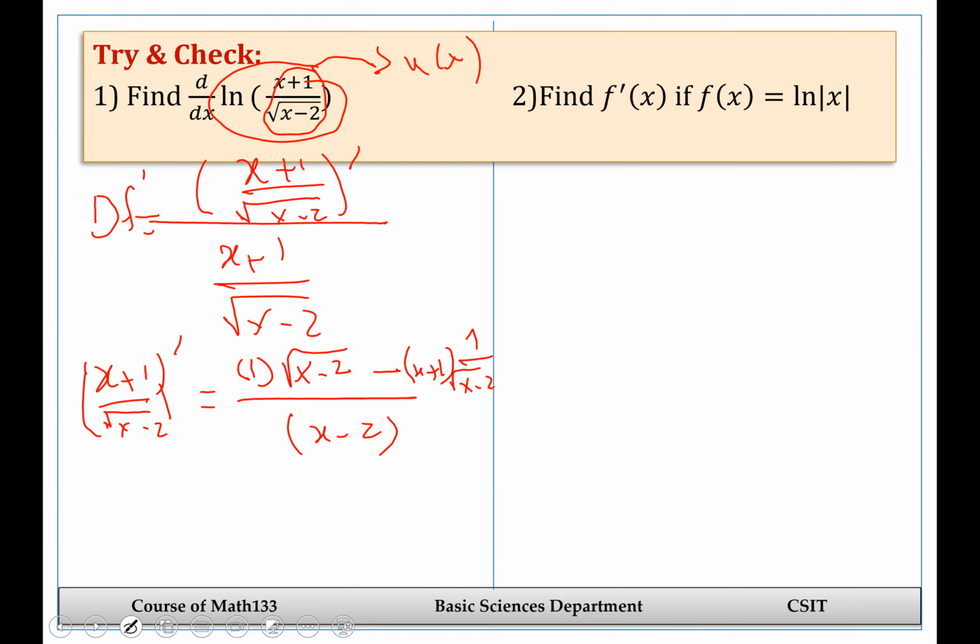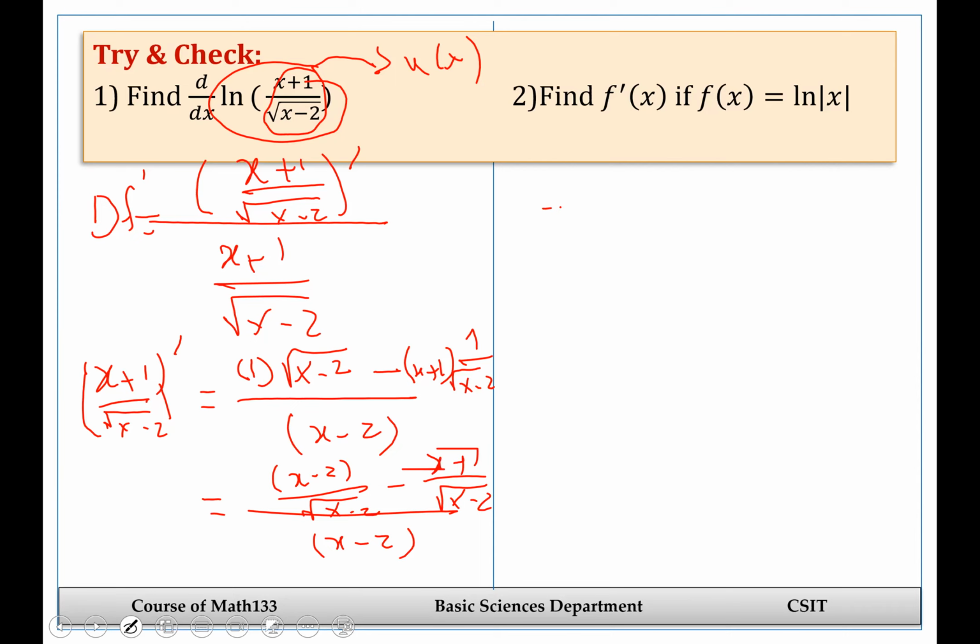And you see here that there is a denominator in the second term, so I will make the same denominator, and it will give x minus 2 over root x minus 2 and minus x plus 1 over root x minus 2.